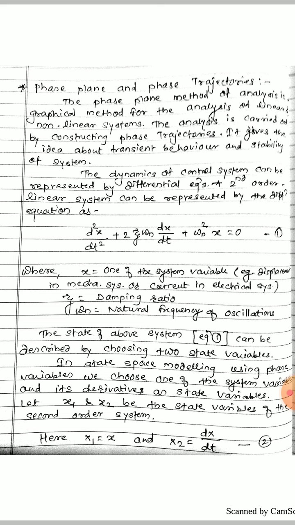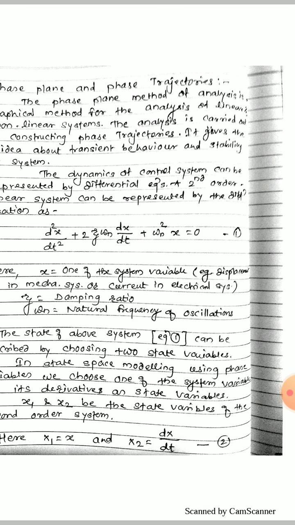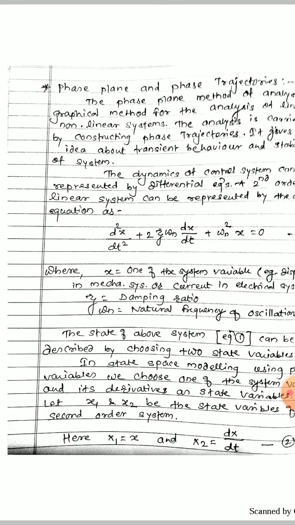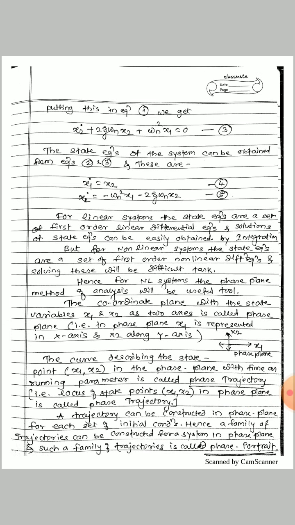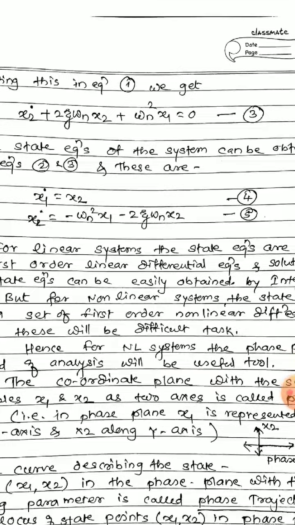Let x1 and x2 be the state variables of the second order system. So here x1 is equal to x and x2 is equal to dx by dt. So putting this in equation 1, we get another equation as x2 dot plus 2 zeta omega n x2 plus omega n square x1 is equal to 0.